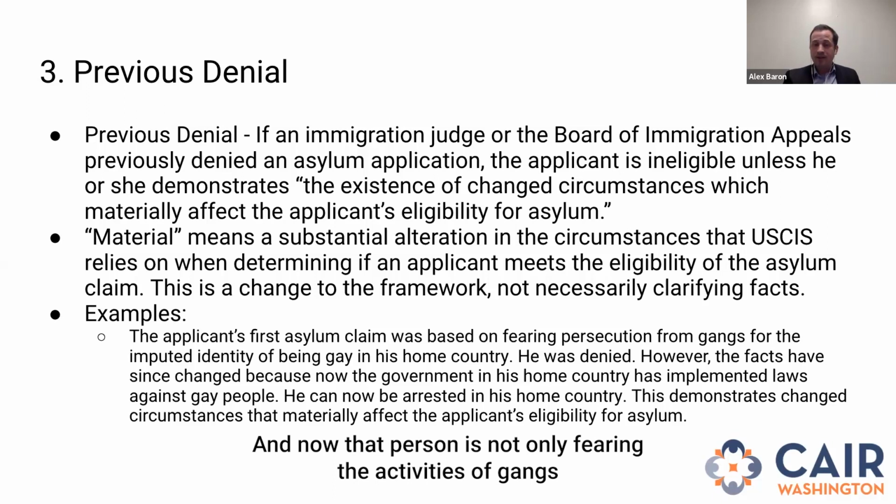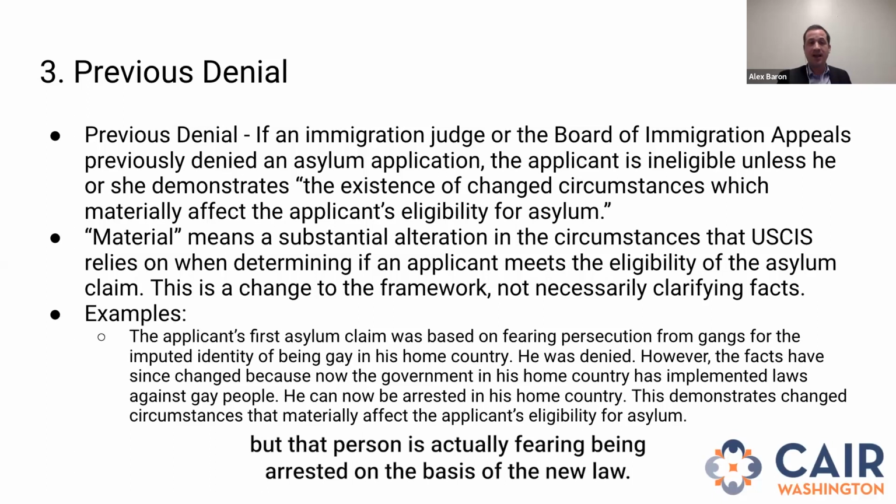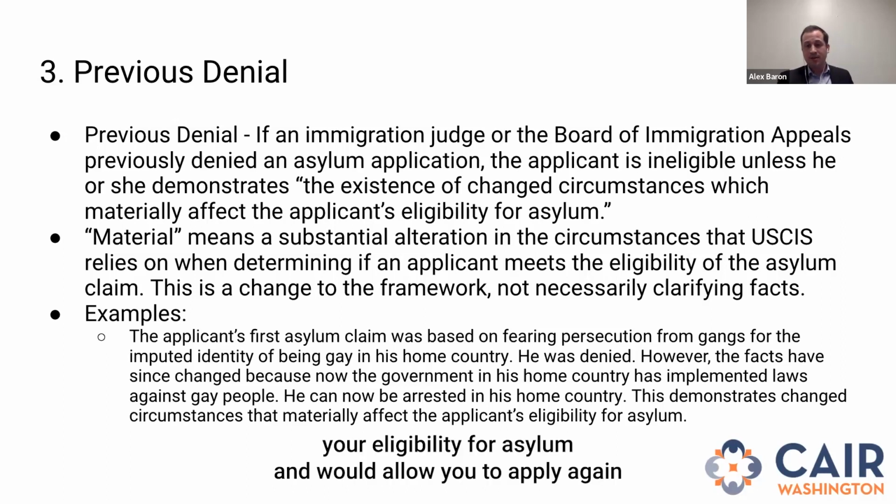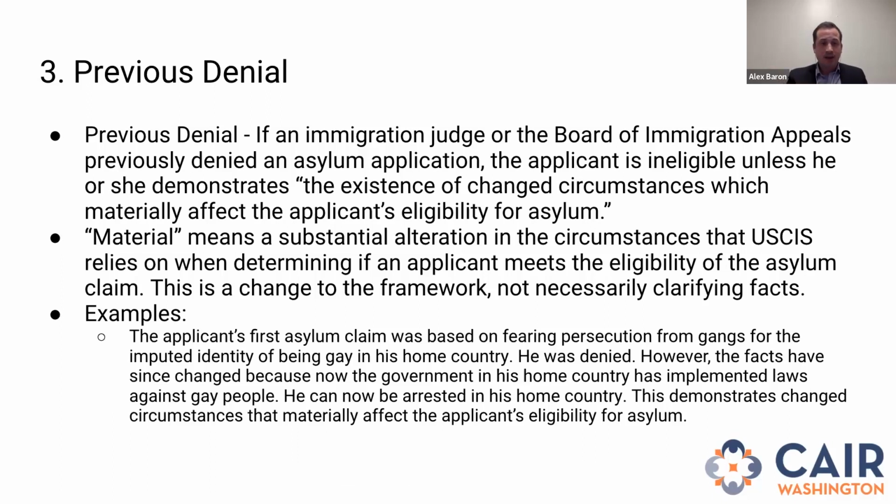And now that person is not only fearing the activity of gangs and other community members, but is actually fearing being arrested on the basis of the new law. This would be a demonstration of a changed circumstance materially affecting your eligibility for asylum and would allow you to apply again and overcome that bar. Next slide, please.